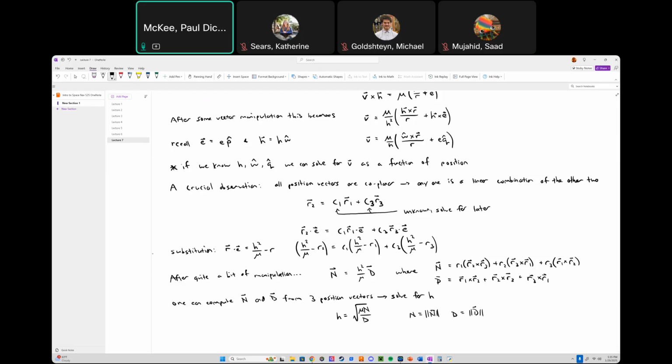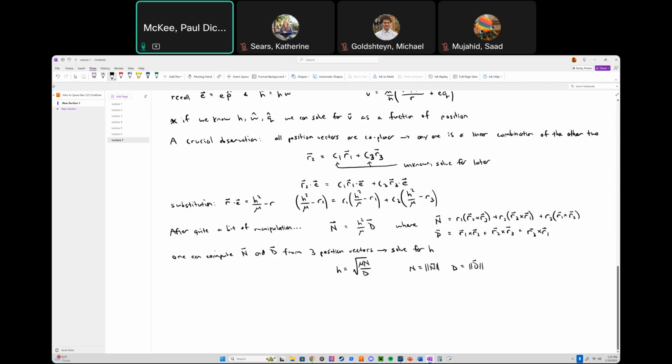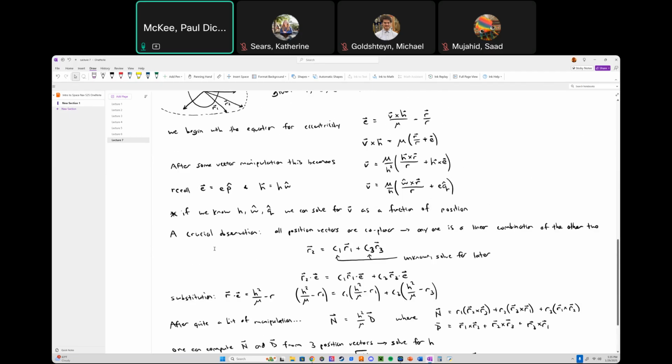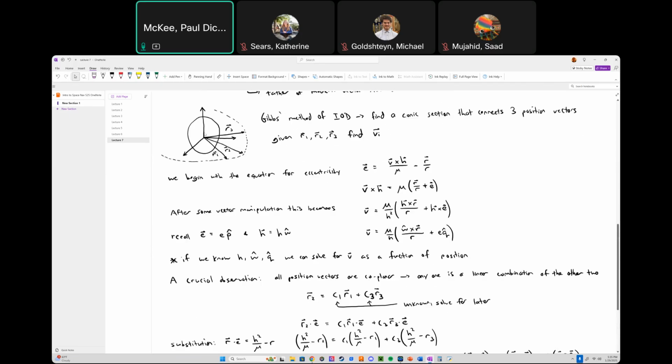Now also, scroll down a little bit here. Looking more closely at D, it's r1 crossed r2. Whatever that is, I have no idea what the magnitude is going to be. But if you just look at the vectors here, it's going to be something that is up in the k direction, right? And then 2 crossed 3 is also going to be in the k direction, or kind of the z direction.